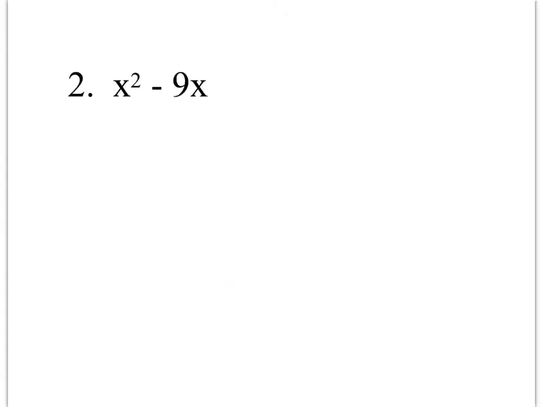Okay, looking at this one right here, is there a common factor to both x squared and 9x? Yes, there is a common factor. What can go both into x squared and 9x? The answer is x. So I'm going to divide both of my terms by x, keep my factor x, and what's left when I divide x squared by x?